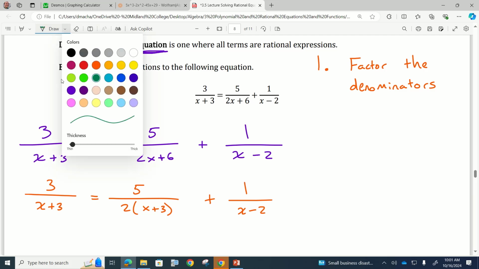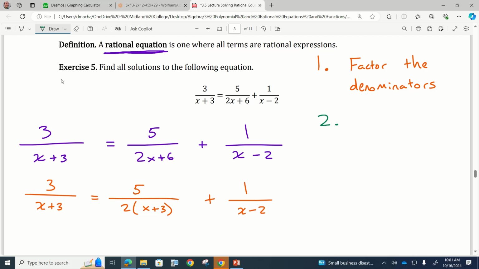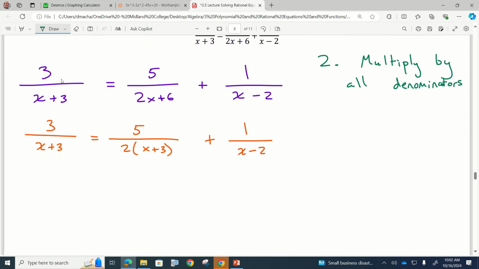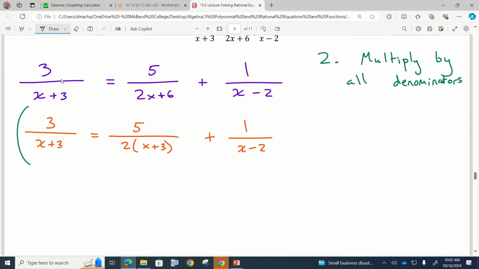Okay, step number 2 is going to be multiply the whole equation by all of the denominators. So I multiply the left side and the right side by every single one of the denominators that I see, right?